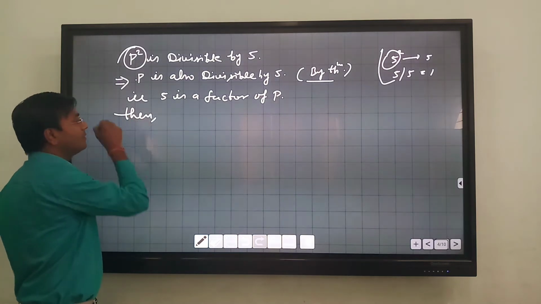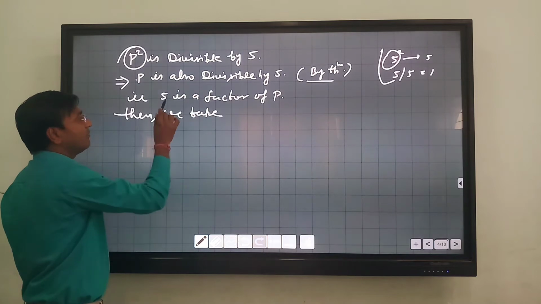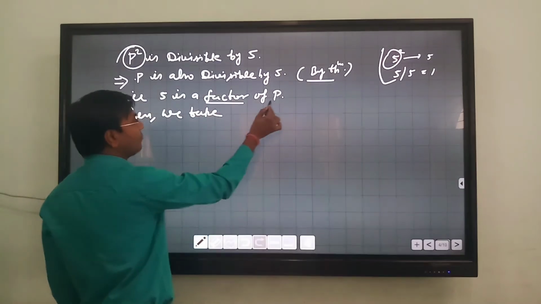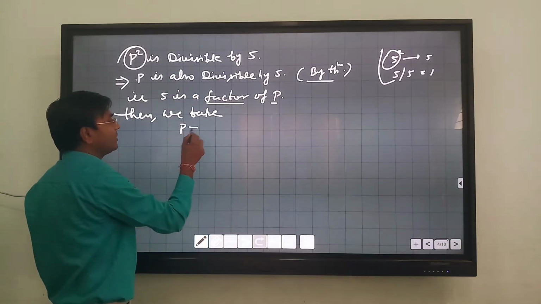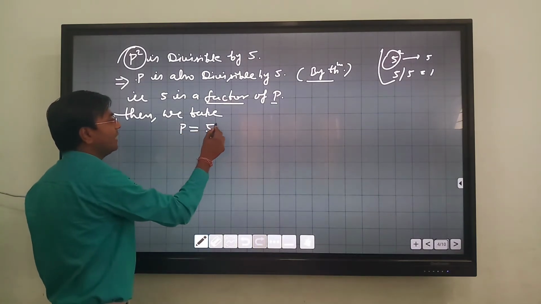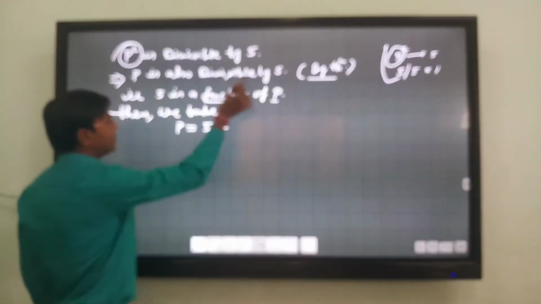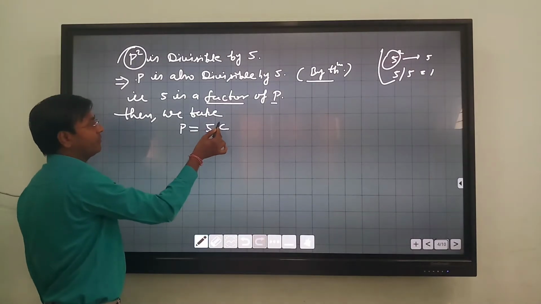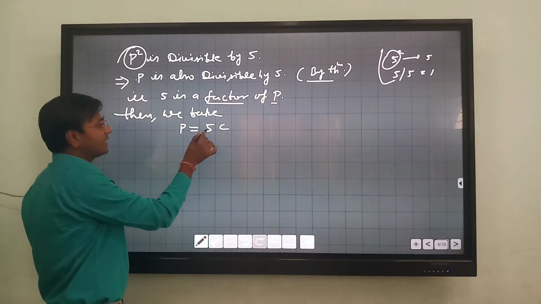Then if 5 is a factor of p, we can take an arbitrary value of p as 5c, a multiple of 5, because 5 is a factor of p.